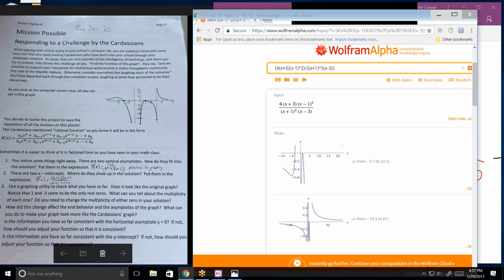Well, notice what we're trying to do. We're trying to make sure that whatever we come up with has proper vertical asymptotes. This function does. We need to make sure that the x-intercepts and the multiplicity are correct. This function does, but this multiplicity x minus 1 could be x minus 1 to the 4th.